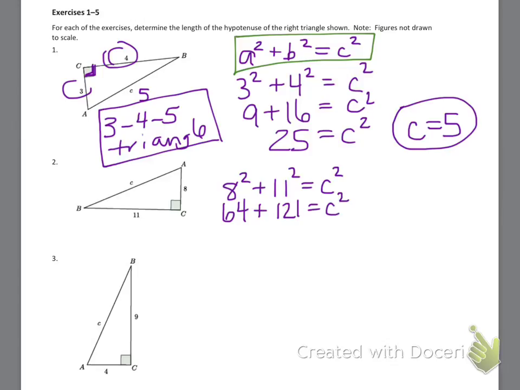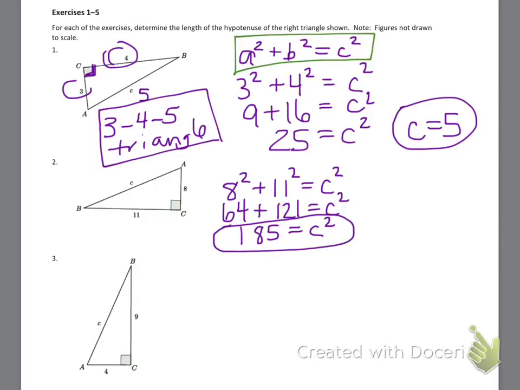So if I add those two together, I'm going to get 185 for c squared. And it is helpful to learn some of your perfect squares, but this is not one of them. So I'm going to just leave my answer as is. So I can leave it just here at c squared is 185.